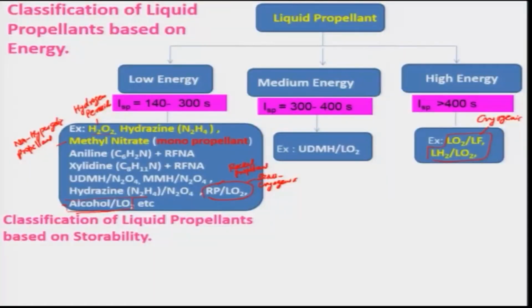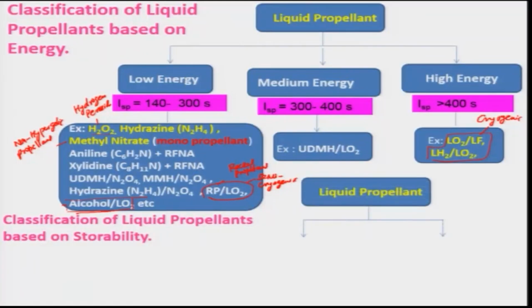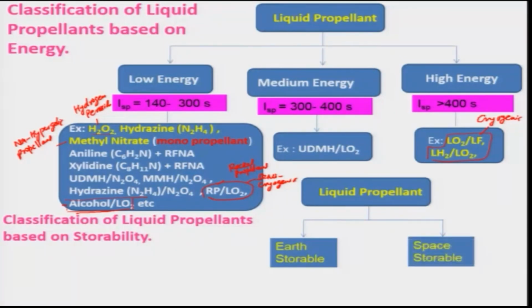Liquid propellant can be divided into two categories based on storability. One is earth storable propellants, and the other is space storable. Earth storable is one which remains a liquid and should not undergo changes during its storage.